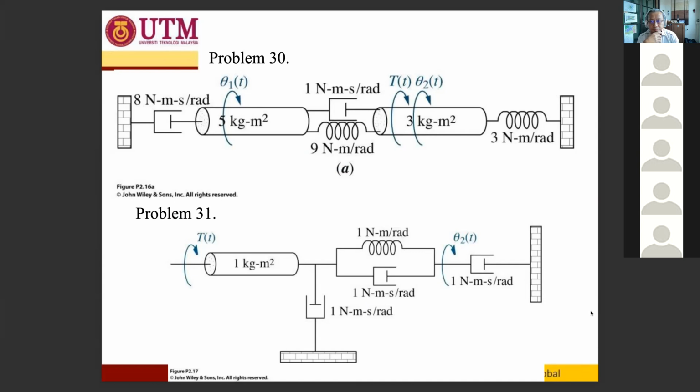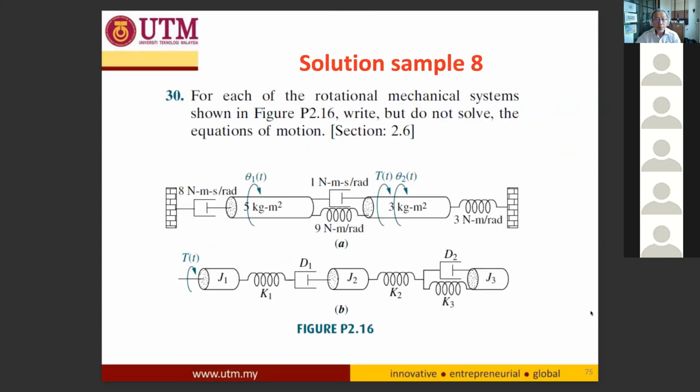Spring value is 9, on the right one is 3. And the inertias J1 and J2 are 5 kilogram and 3 kilogram respectively. So same problem as previous. Okay, so try to see. This is the problem.